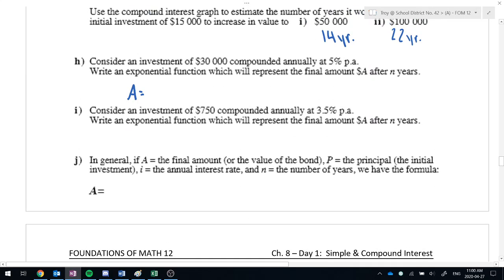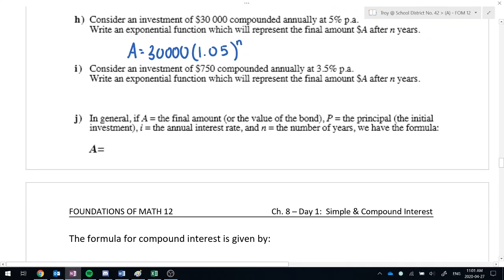So the starting amount in this case is 30,000. The interest rate is 5%, so 1 plus 5% is 1.05. And it's n years. That's it. If we wanted to know the amount in the account after 2 years, we would change n to 2, do the math, and we'd get the amount.